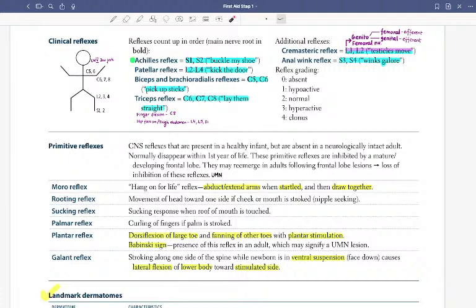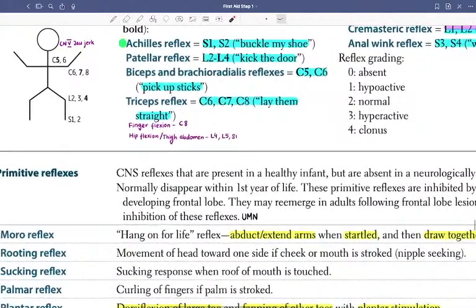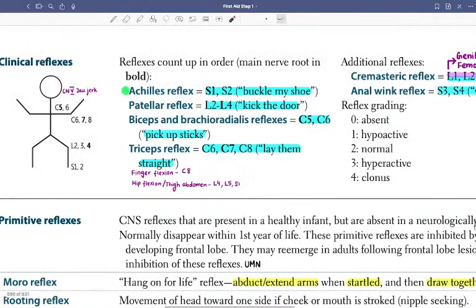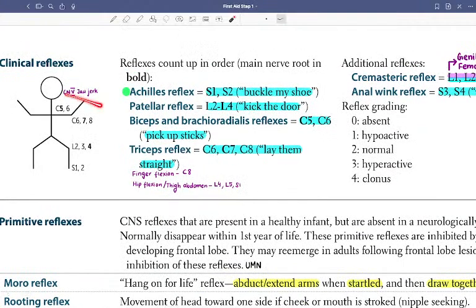Patellar is L2 L4. Biceps is C5 C6, triceps is C6 C7. An additional one, C5, is the jaw jerk, which we had seen, with the masseter muscle. Finger flexion is C8, hip flexion is L4 L5 S1 S2.